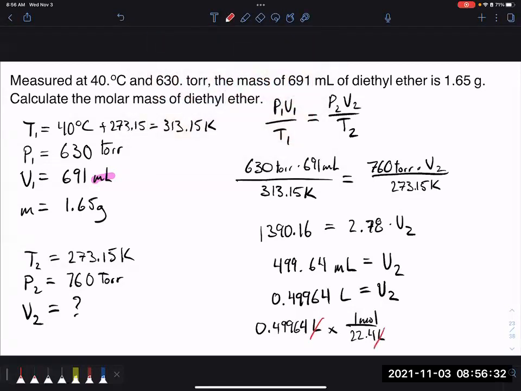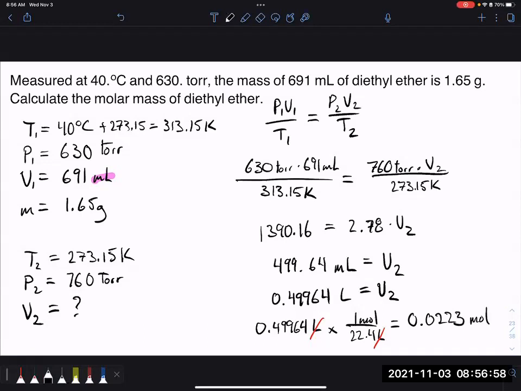So liters can cancel to give us moles. Divide by 22.4. Still not quite done yet, but we get 0.0223 moles.